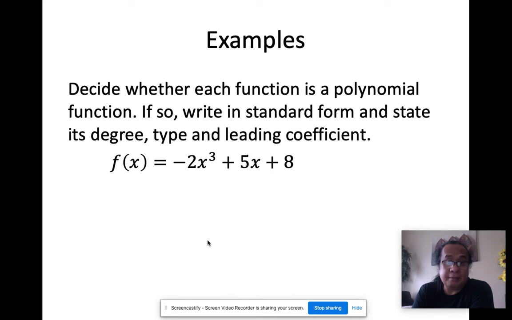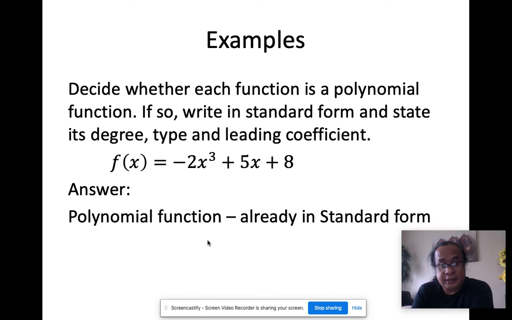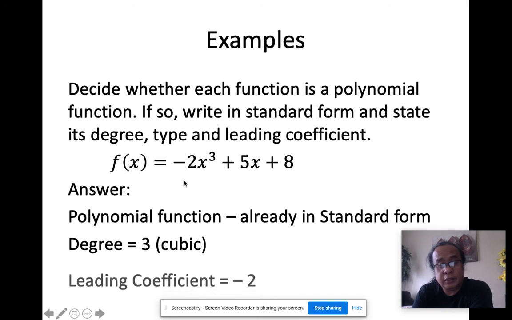This is a polynomial function, and it's already in standard form because the powers of x are decreasing from term to term: x to the third, then x, until we get to the constant term. The highest power is 3, which means the degree is 3, a cubic function, and the leading coefficient, the number next to the highest degree, is negative 2.